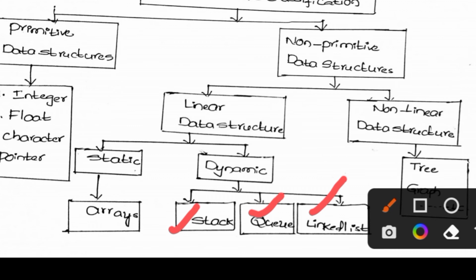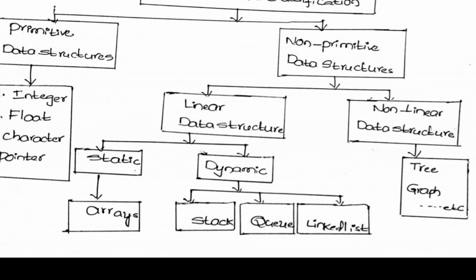The next dynamic data structure is the linked list. Actually, in a linked list, all the elements are interconnected: once one is completed, it goes to the next one. A real-time example for linked list is the songs in your mobile.